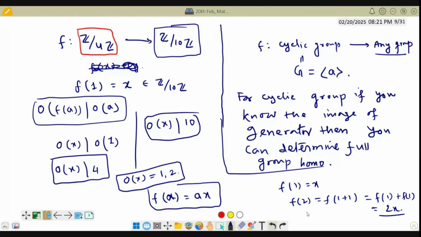Similarly, f of k is kx. That's why GCD comes into the picture, from this and this. You can easily see that's why GCD is in the formula. Is it clear? You have to fill those gaps on your own. Is it clear, whatever I have said?